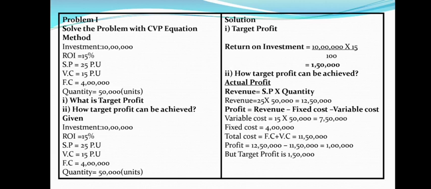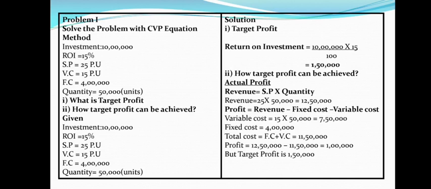So now we can calculate the profit by subtracting the total cost from revenue. That is 12 lakhs 50,000 minus 11 lakhs and 50,000 equals 1 lakh. So actual profit by selling 50,000 units is 1 lakh, but we need to hit the target profit of 1 lakh and 50,000, which we got from the return on investment percentage.